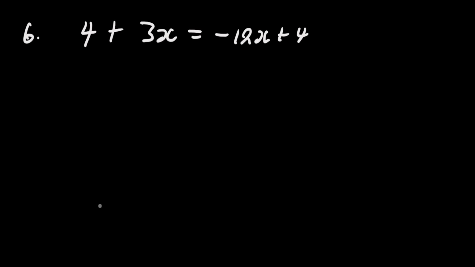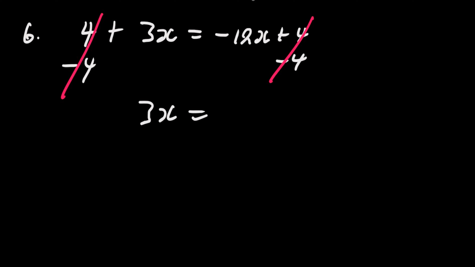So now we can just subtract 4 from both sides. Subtract 4 from both sides. And positive 4 minus 4 is 0. So now we have 3x equals negative 12x.